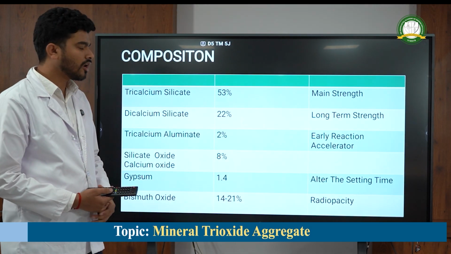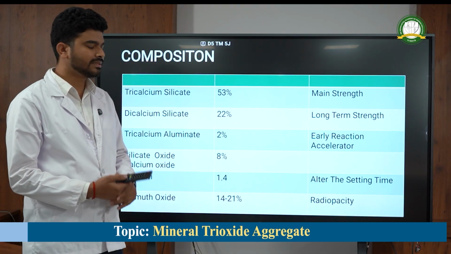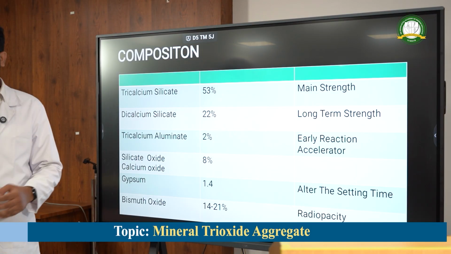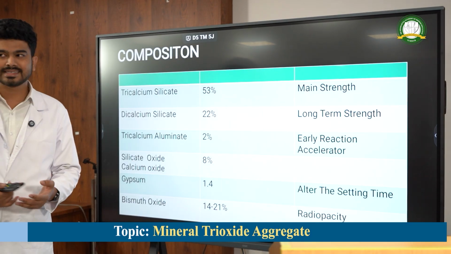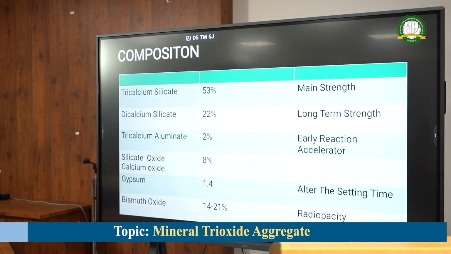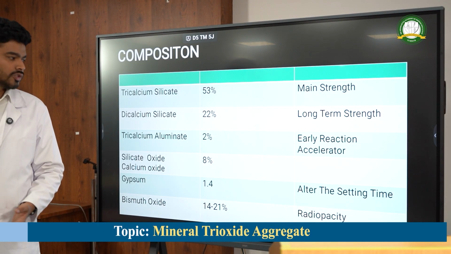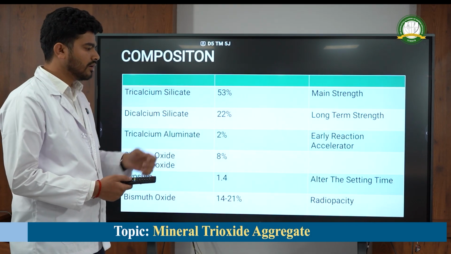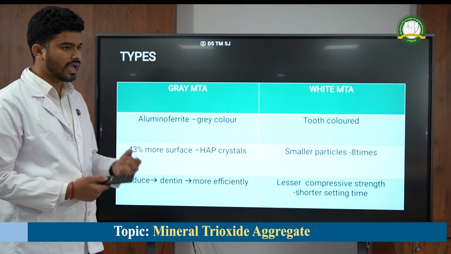Next are silicate oxide and calcium oxide at 8%, which are fillers. It also contains gypsum, which helps alter the setting time, and bismuth oxide, mainly for radiopacity, so that we can see where we place the MTA in our pulp chamber or cavity.